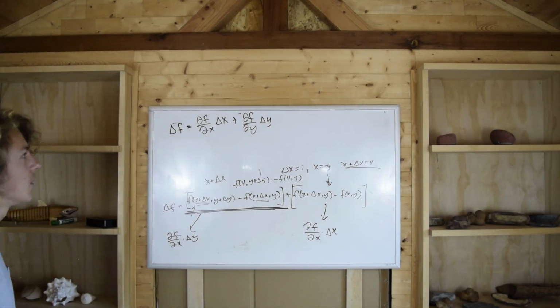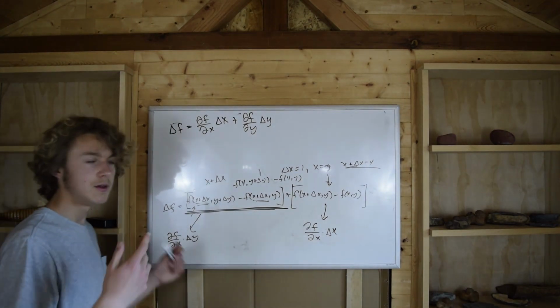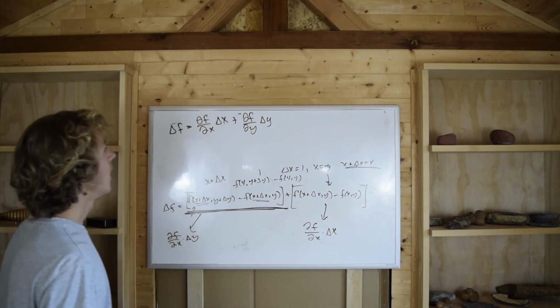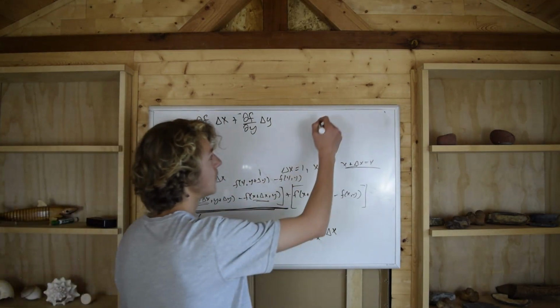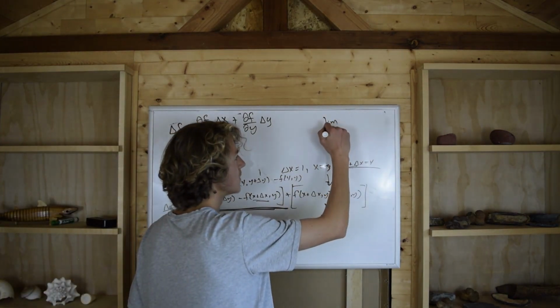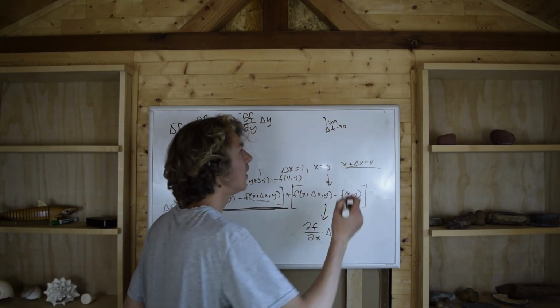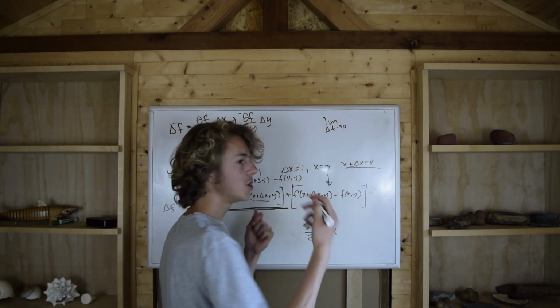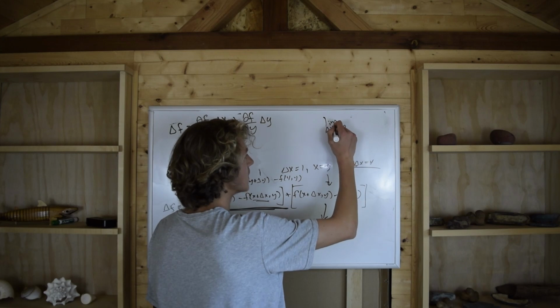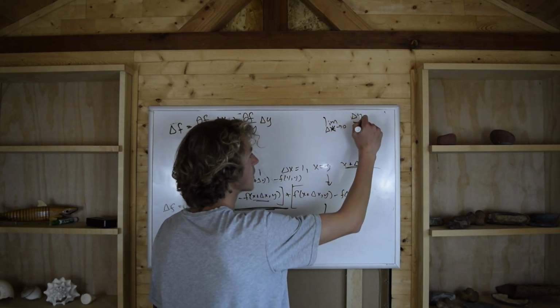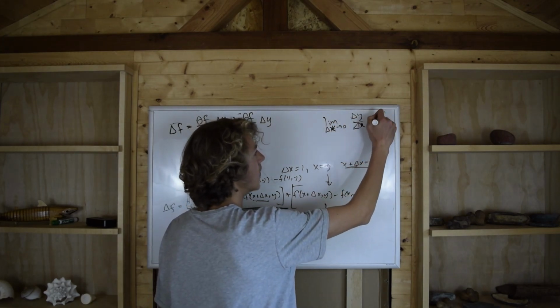Okay, we have deltas, but where's our dx, where's our dy, where's our df? Well, if we recall, the limit as our change goes to 0 of change in y over change in x gives us our derivative, dy dx.